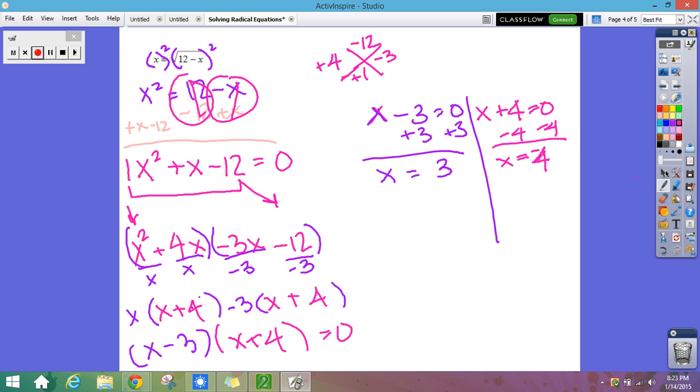Now we need to check both of those solutions to see if we have both of them valid, or if one's extraneous. So this is the important part. So taking a look at our problem, we have x equals the square root of 12 minus x. So let's first test the positive 3. I'm going to plug in that positive 3, and I have to plug it in both places.